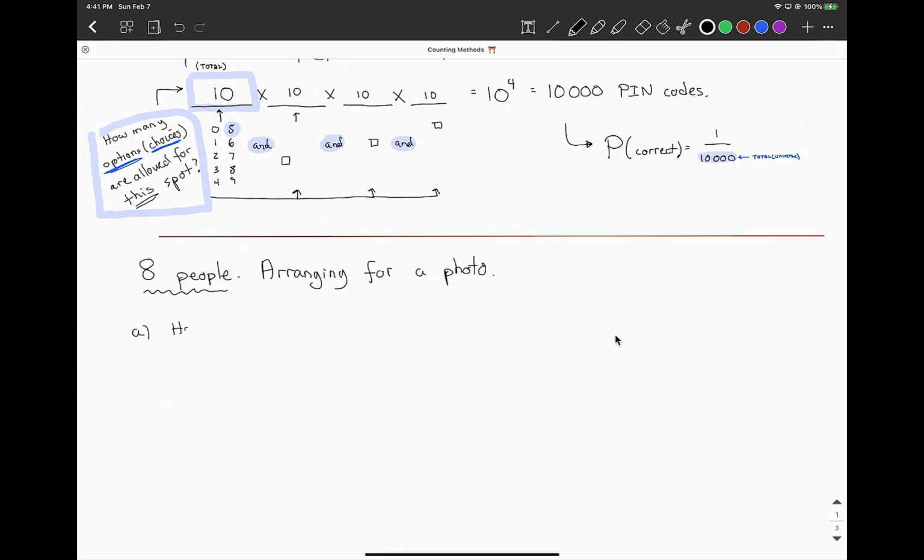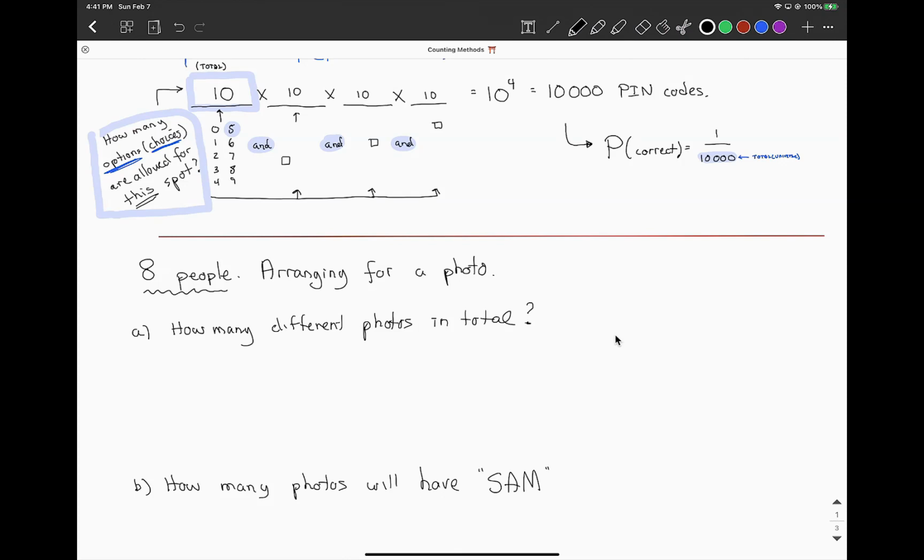How many different photos in total? And B, how many of those photos will have Sam, who is a specific person and one of those 8 people, standing first?